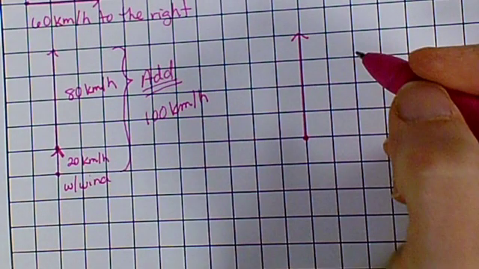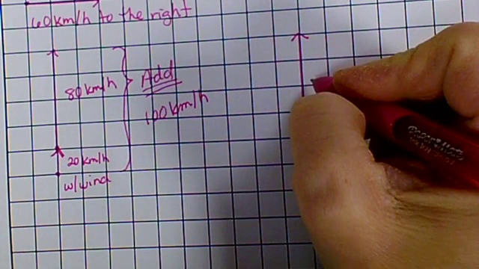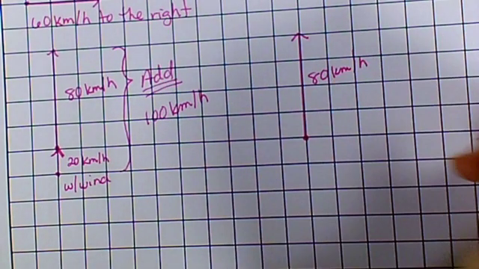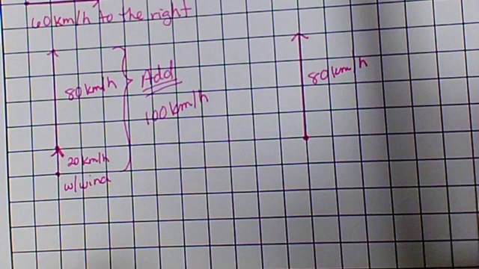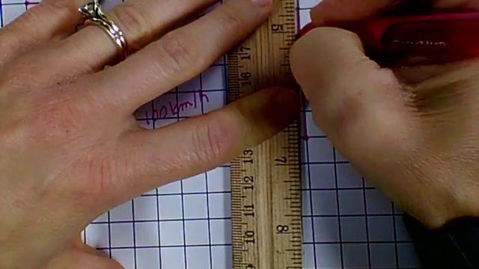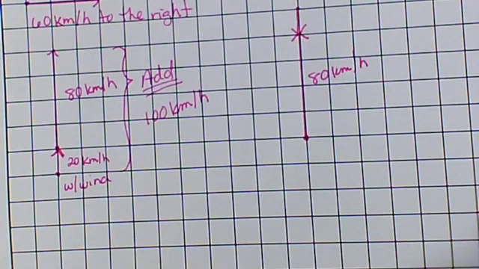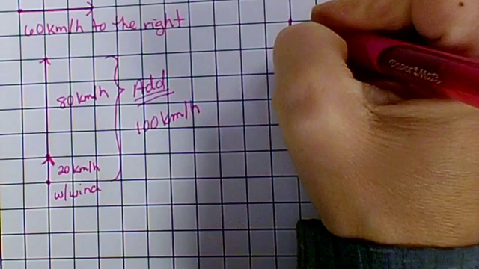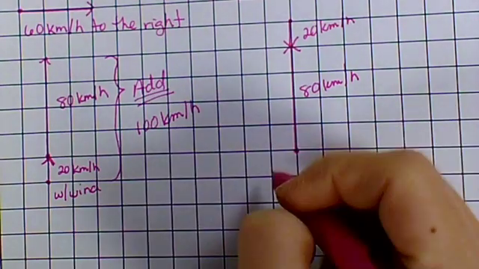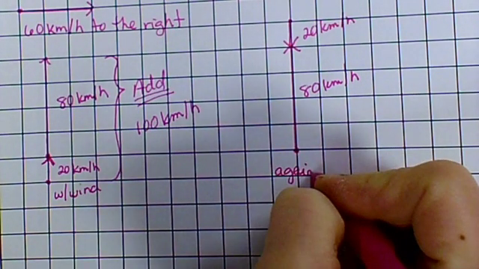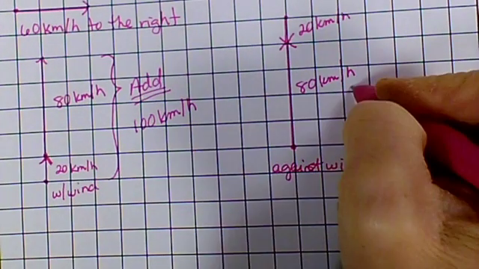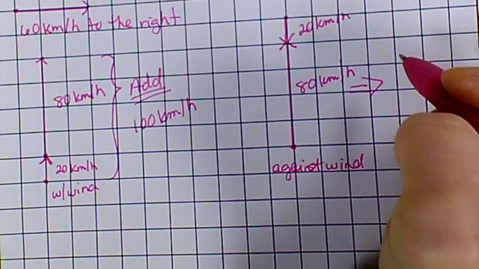So this is 80 km/h. But this time, there is a 20 km/h vector going against it. So this is against the wind. In this case, we have to subtract.